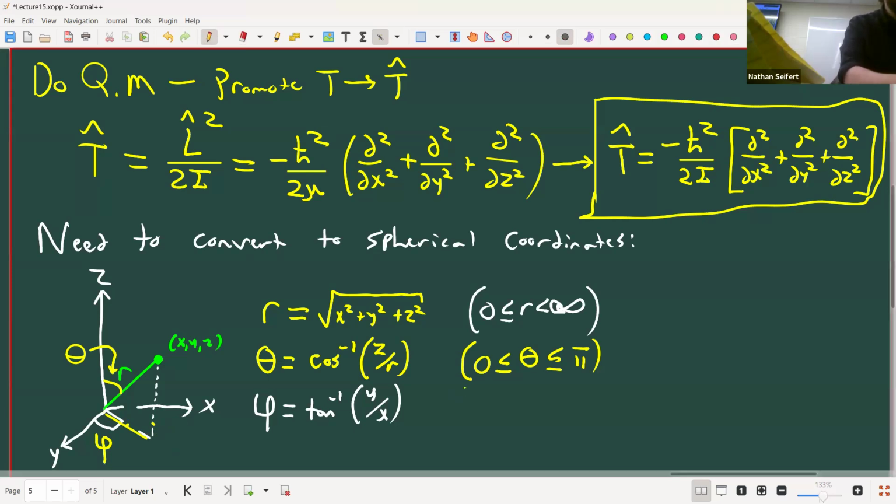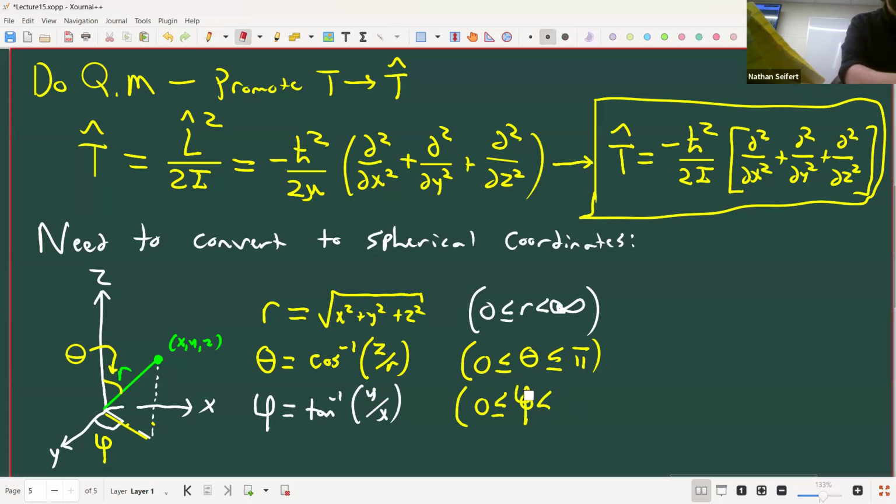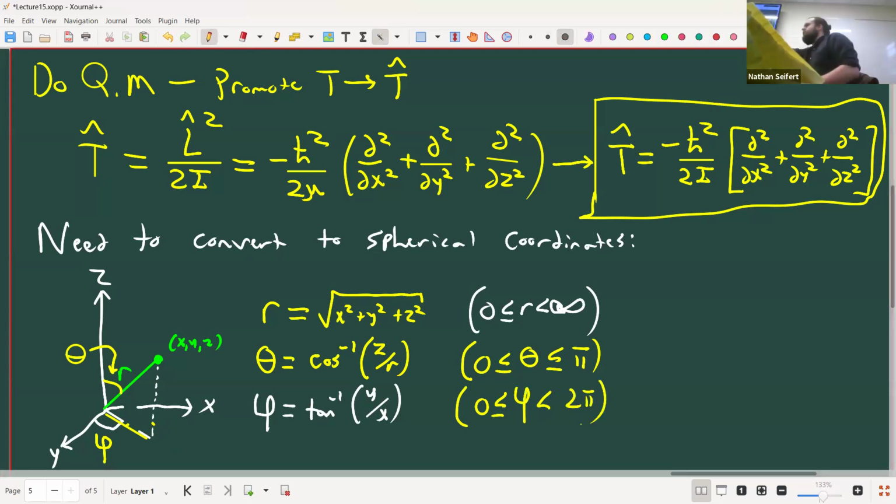That angle can be between 0 and 2 pi, anywhere along the xy plane. So it's a circle. Okay, so those are our three coordinates, and we can always interconvert between them.